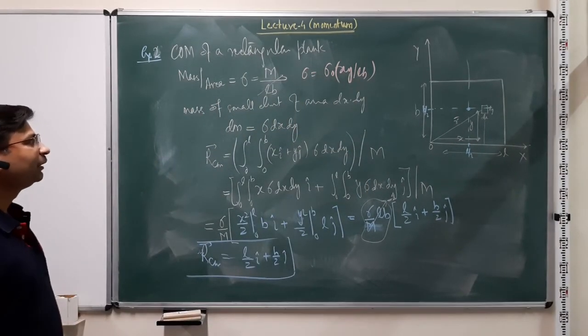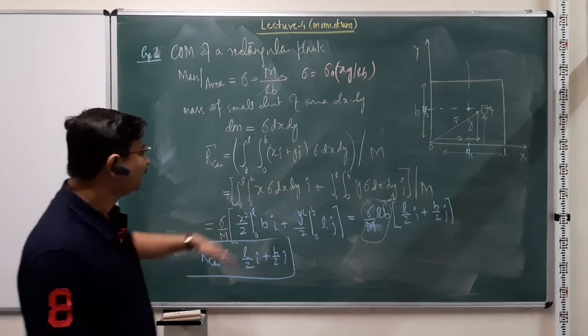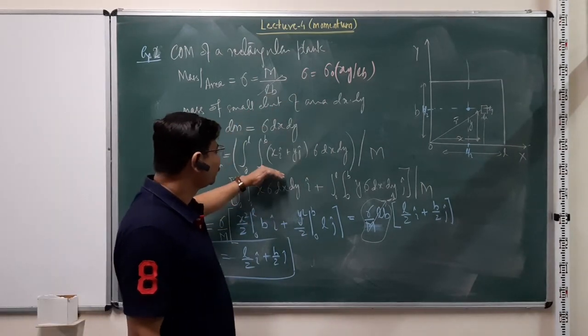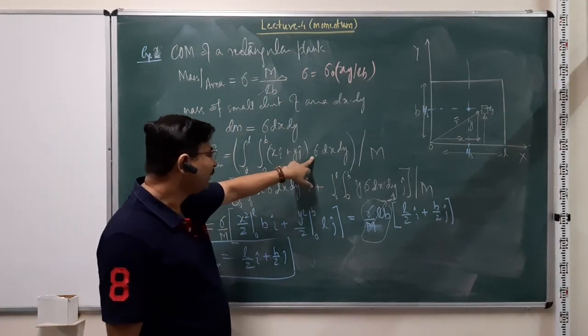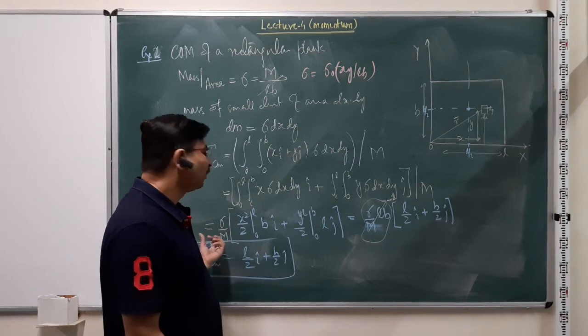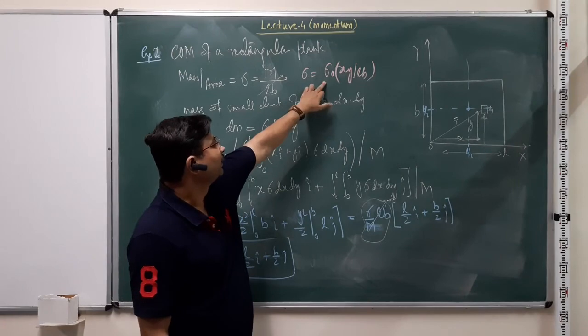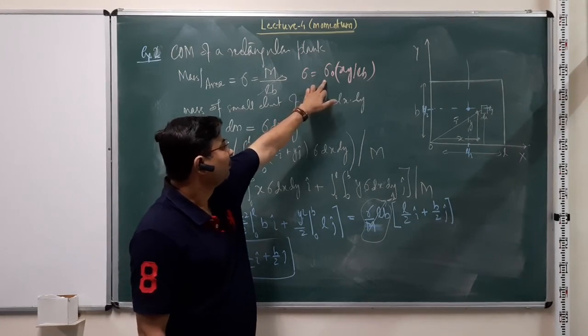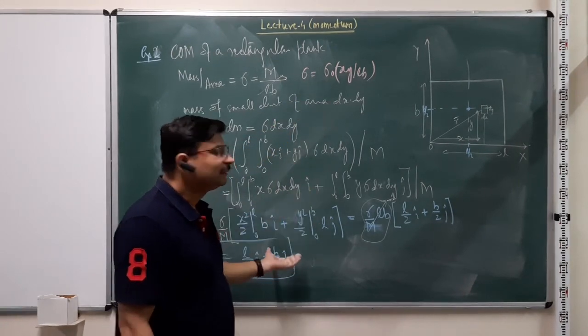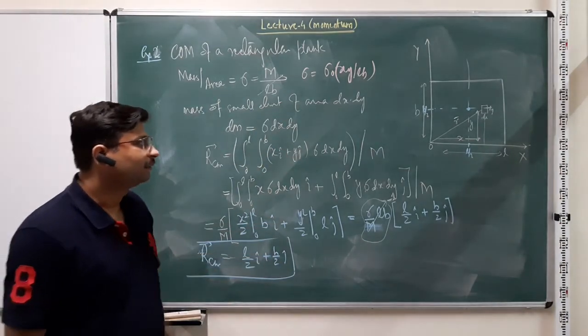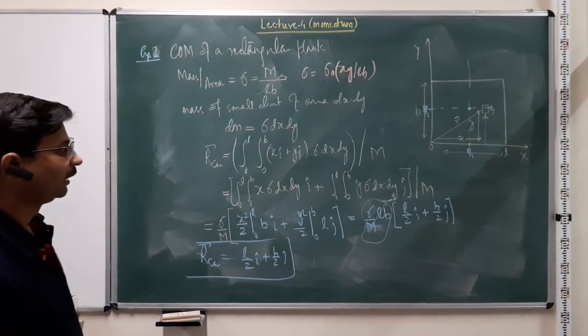If this was the density profile, then still the analysis goes exactly like this. Instead of sigma being constant, which we took out of the integration, we have to put the dependence of sigma on x and y in the integral and simply solve it. And then we can get where the center of mass will lie in this system.